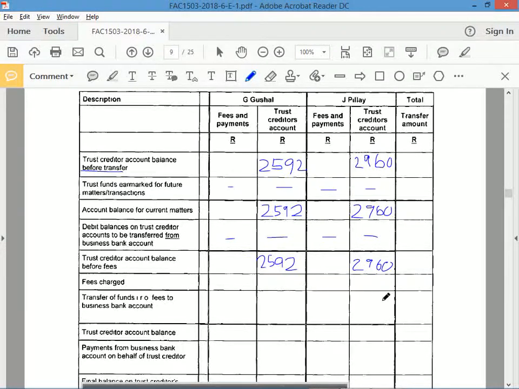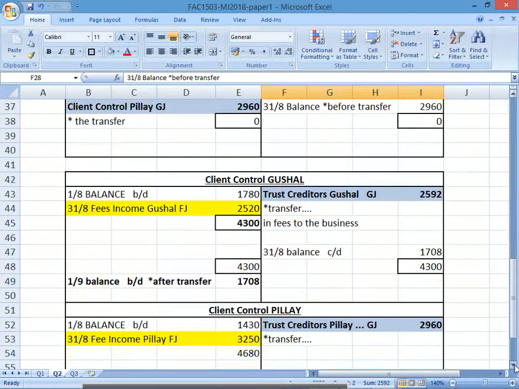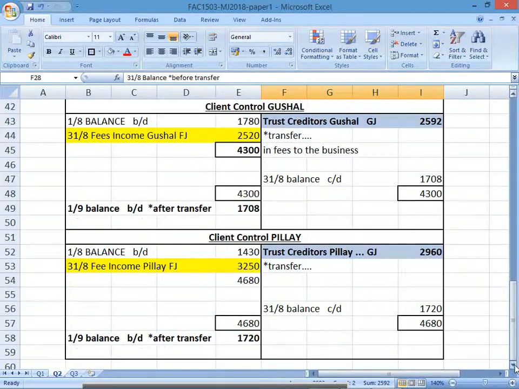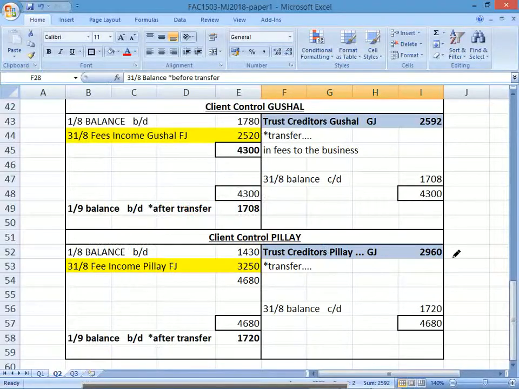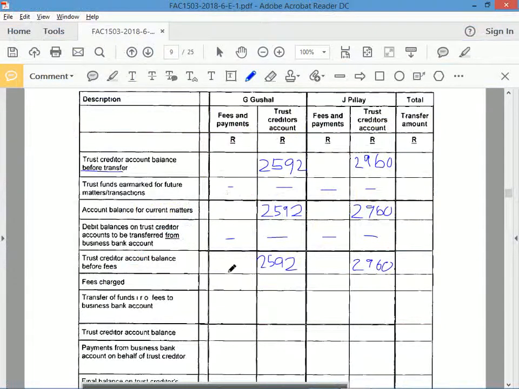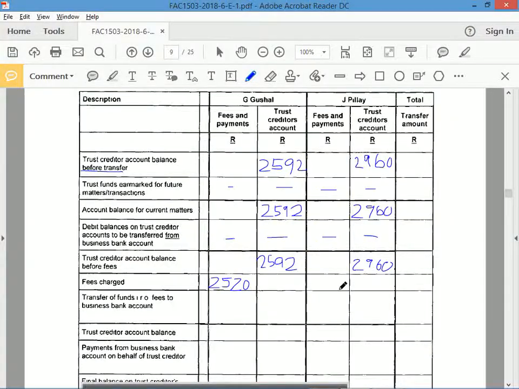Fees charged, that we can get. Let's go get the fees charged. Okay, here we go. How much fees did we charge? Well, the fees charged for the month was that figure there. 2520 for Gushal. So we charged him 2520. Pele, we charged him 3250.